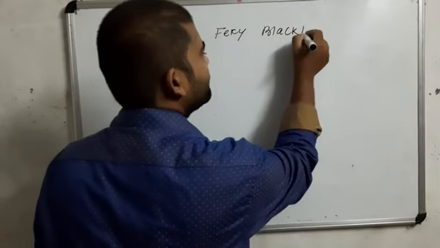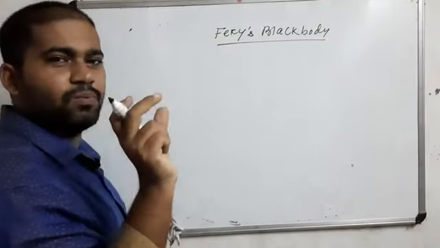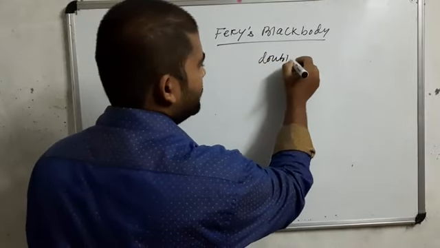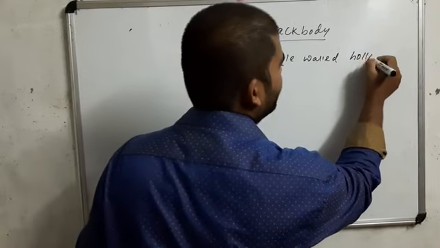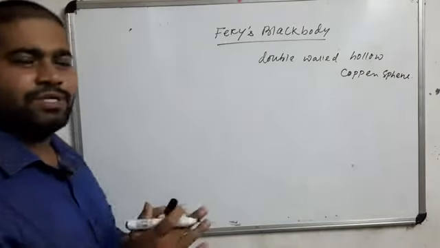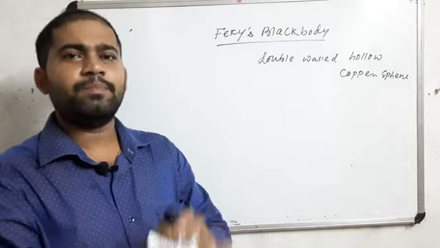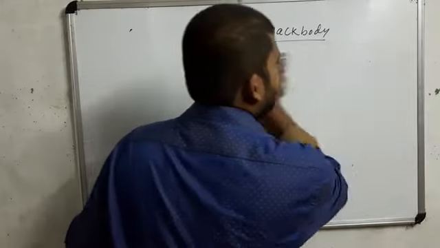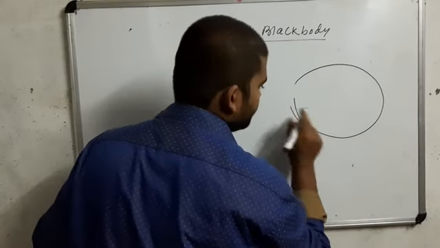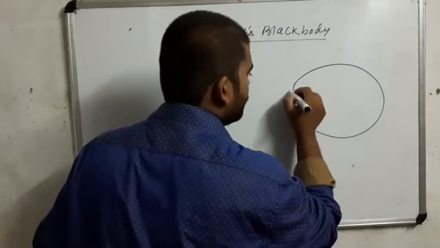Ferry's black body is a double-walled hollow copper sphere, in which the inner surface is coated with lamp black.